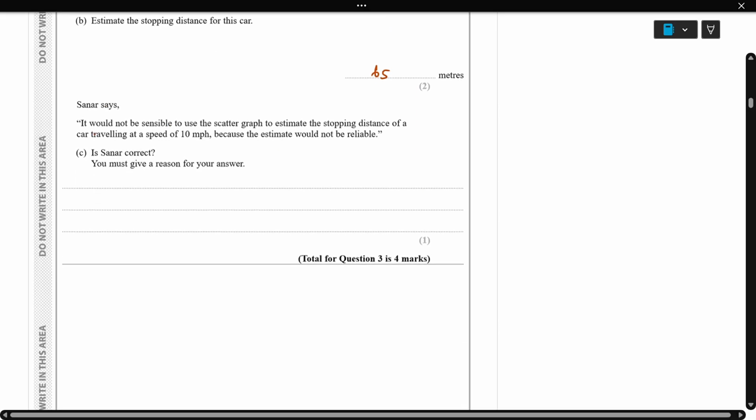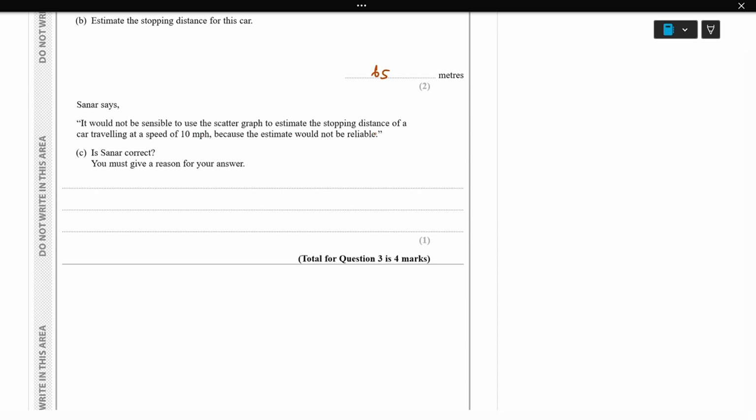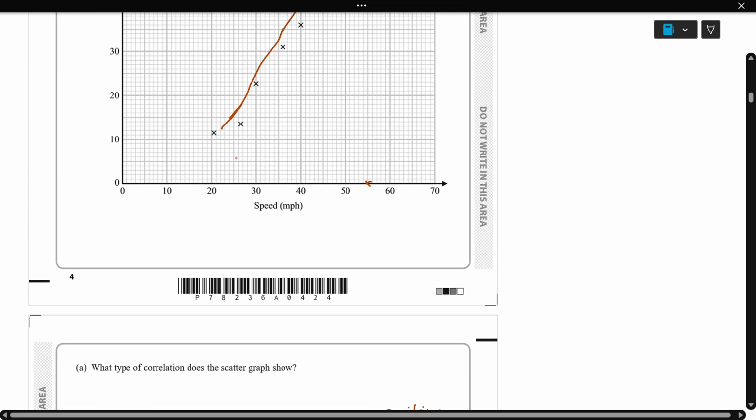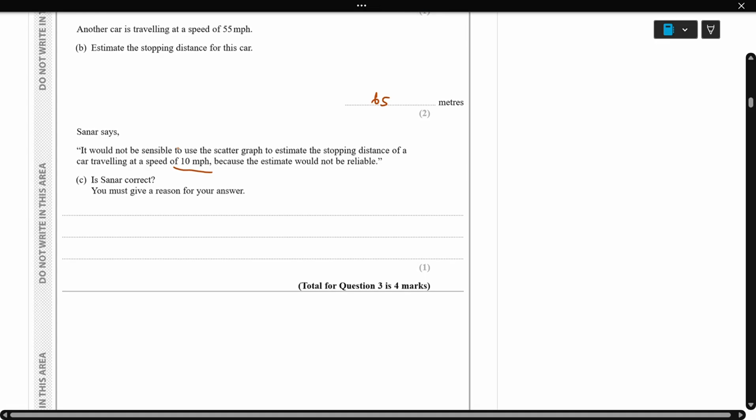Next, Sana says it would not be sensible to use the scatter graph to estimate the stopping distance of a car traveling at 10 miles per hour, because the estimate would not be reliable. Yes, of course, it's not possible because the scatter graph starts from 20 miles per hour. At 10 miles per hour there is no data, so we cannot.